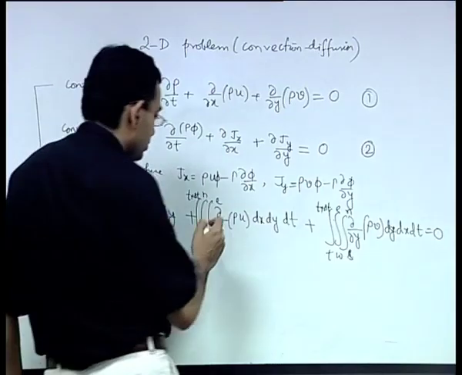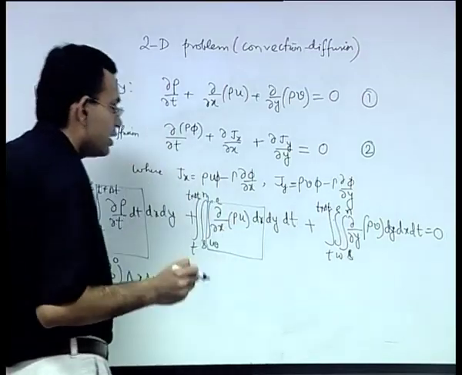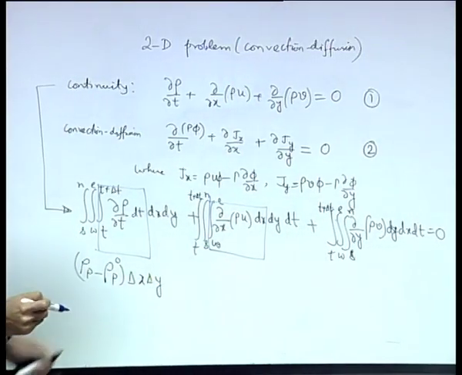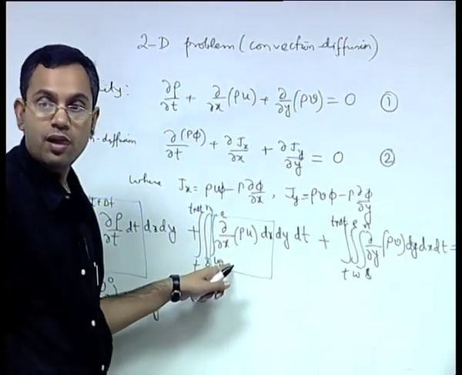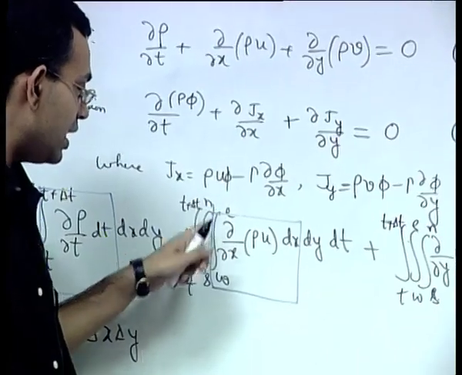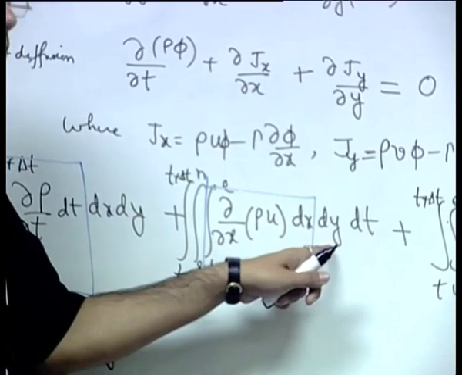Second term, so we can calculate this integral, it is rho u e minus rho u w, and the next term will come as that integral of dy.